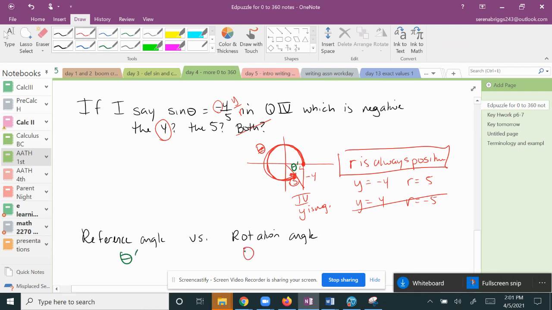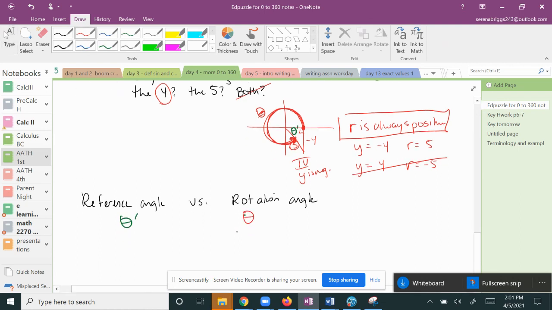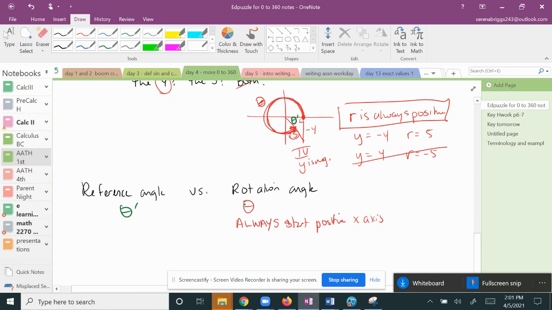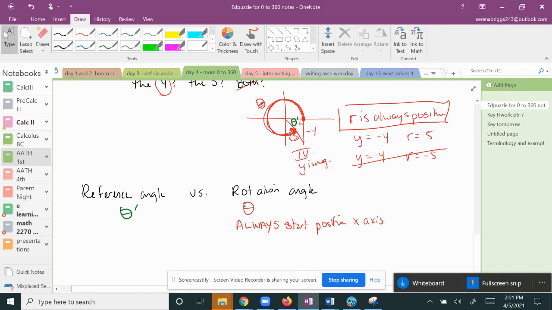And we're going to use theta prime notation for when we talk about a reference angle. So rotation angles always start on the positive x-axis, where reference angles can really start at any axis at all. But reference angles are always acute. Okay?